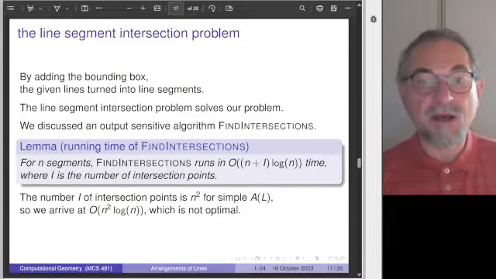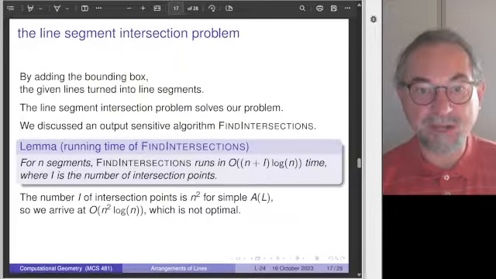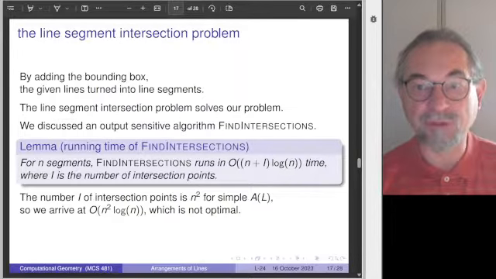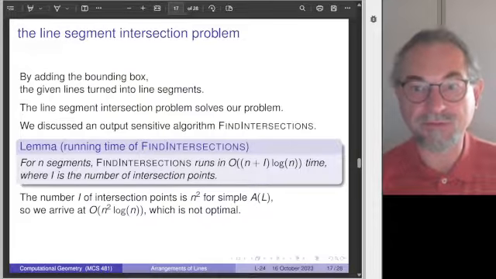If we directly apply this output sensitive result, we end up at n squared times logarithm of n. That is not optimal, because n squared is the optimal result.